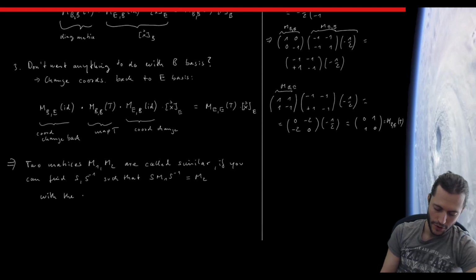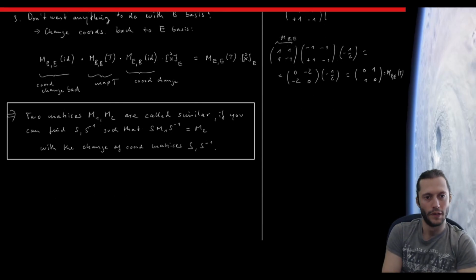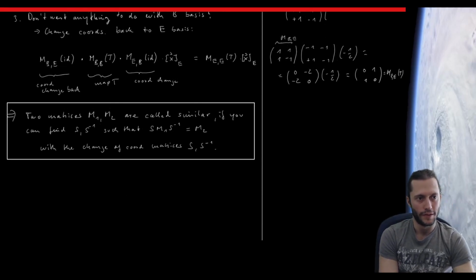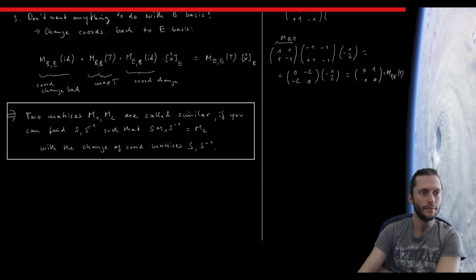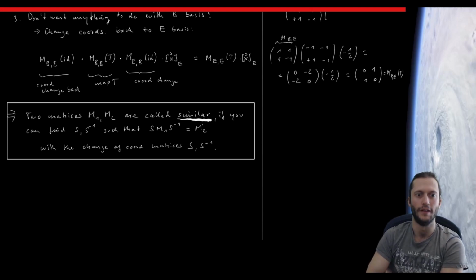With the change of coordinate matrices S and S minus 1. Having found that, we can say that a diagonal matrix here in the middle is similar to the original matrix in the sense of the definition of similar here. Very nice underlining, I know.